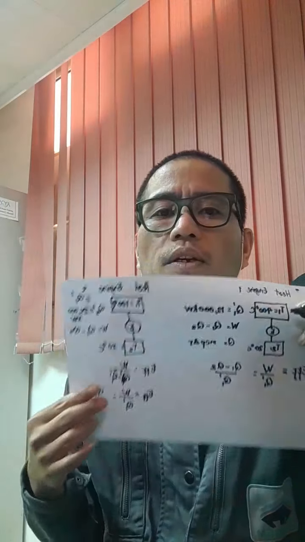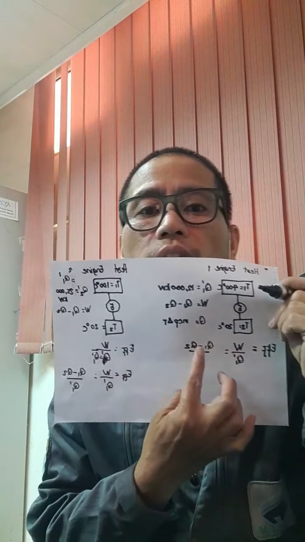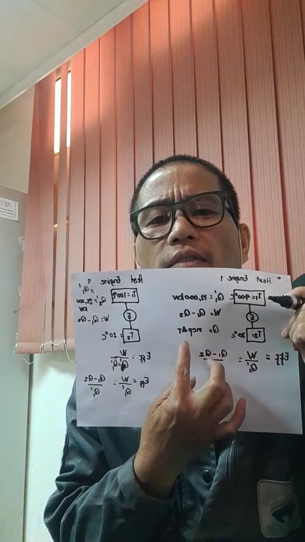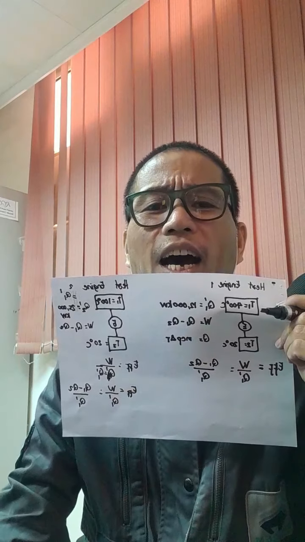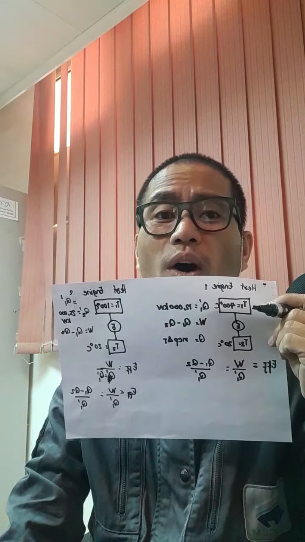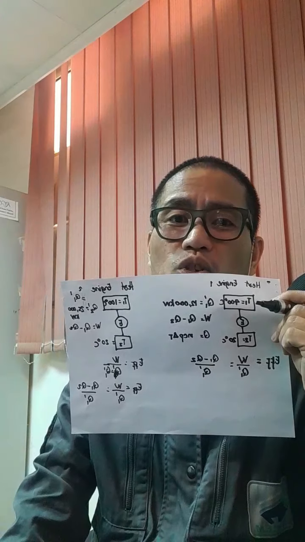Now Q is equal to m c_p dT, mass times specific heat times change in temperature. The specific heat capacity is 1 calorie per gram degree Celsius.